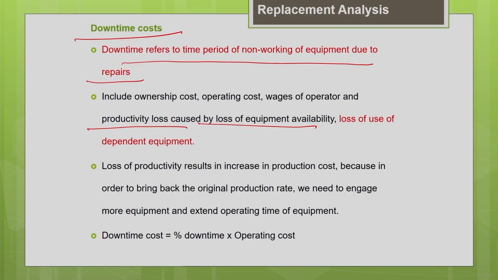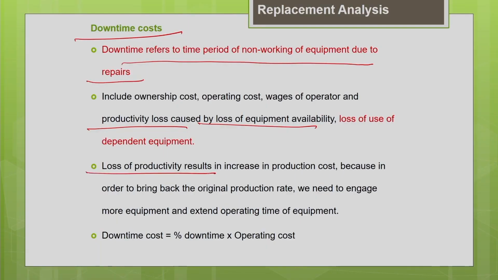So what we have to do is increase the number of operating hours, extend the working hours, hire more labor, or even employ more machines, so that I can bring my productivity back to the original level. For that I have to incur some additional cost. That cost is taken under the loss of productivity.